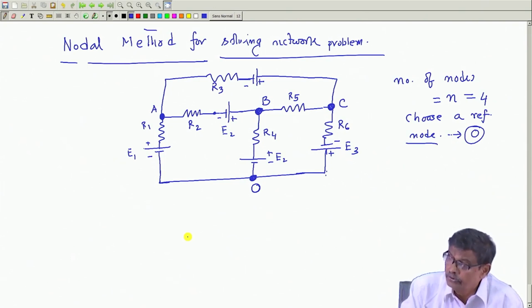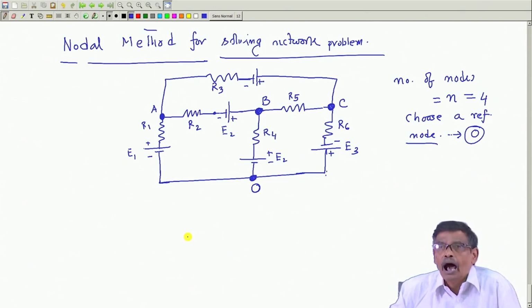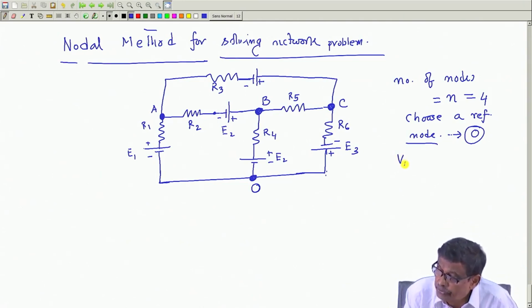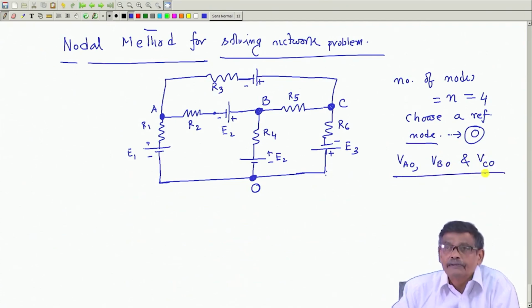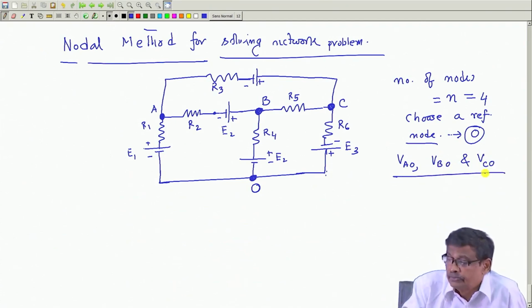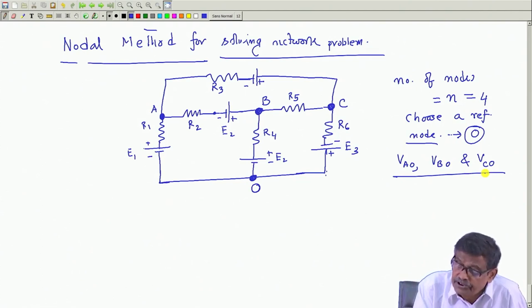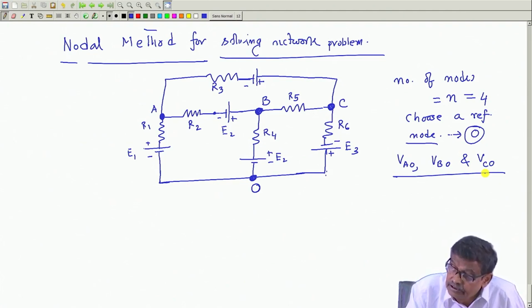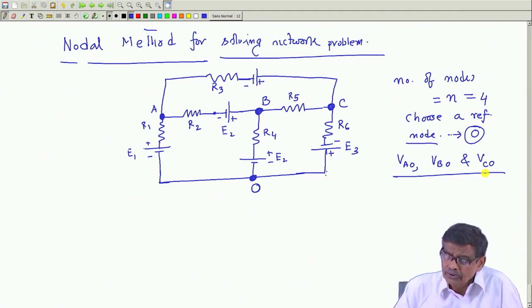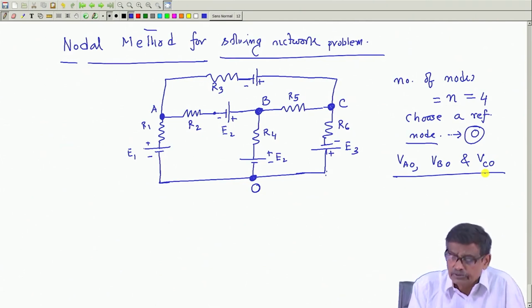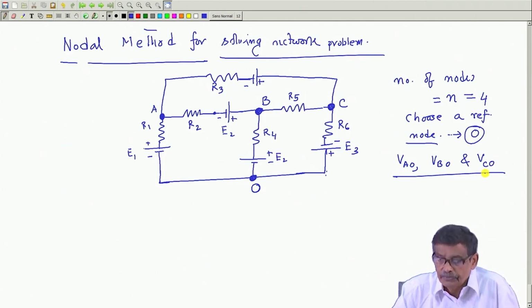Now, what is a reference node? With respect to this node, I will calculate the potential of the other nodes. That is, I am going to find out V_AO, V_BO and V_CO. If you had chosen C as your reference, then you would calculate all the potentials of the circuit with respect to this point: V_AC, V_OC, V_BC. In this case I have just arbitrarily chosen O as the reference node.